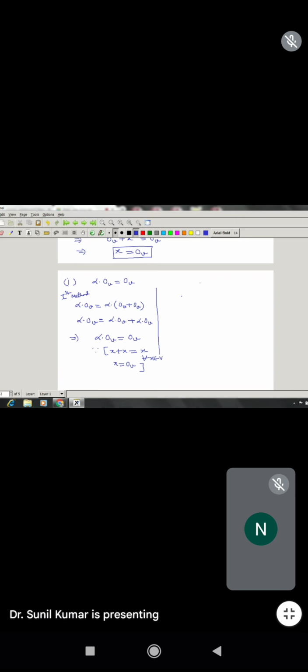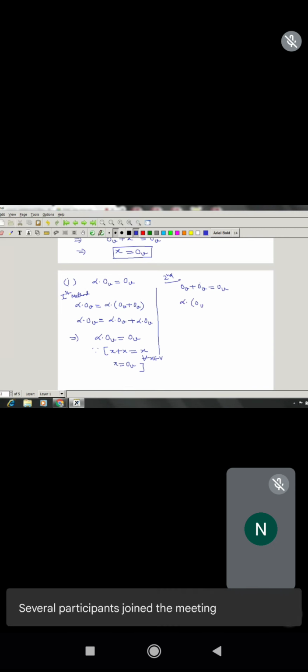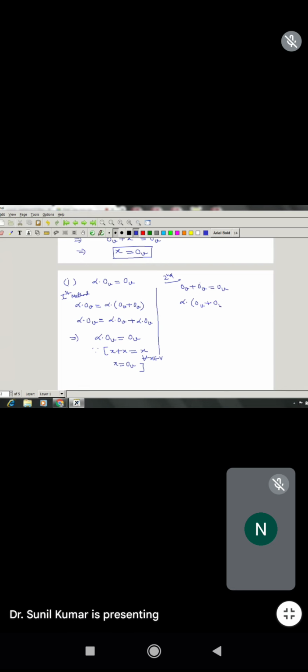Otherwise you can also prove this, because we know that 0v plus 0v equal to 0v. This is the second method. You multiply both sides by the scalar alpha: alpha dot (0v plus 0v) is equal to alpha dot 0v.